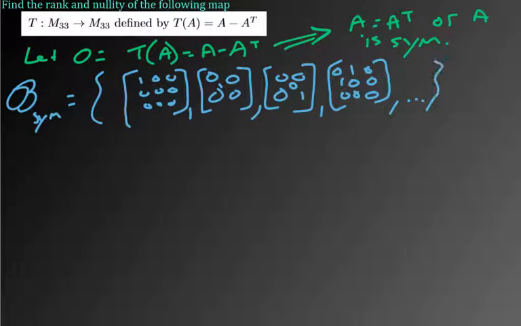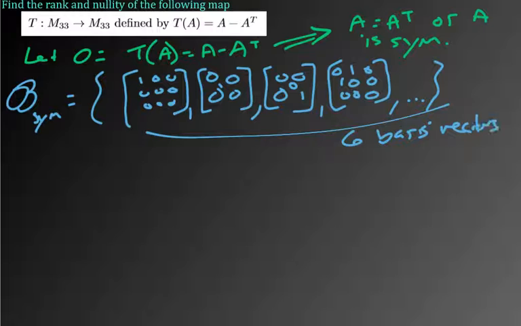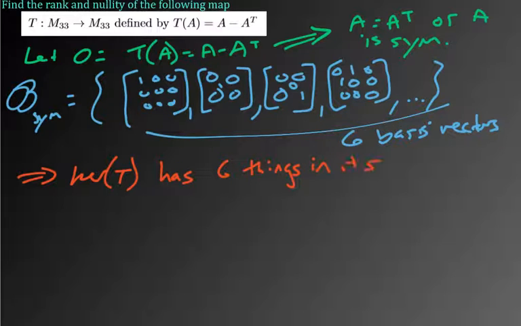And so here there are 6 basis vectors, so this implies that the kernel of T has 6 things in it. So the nullity of T is 6.